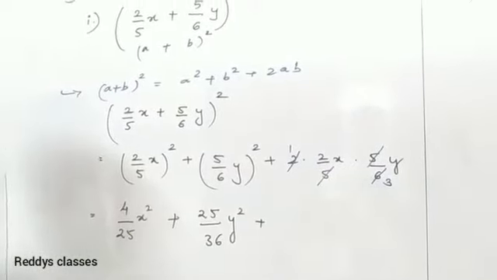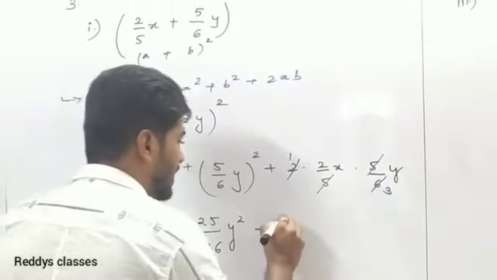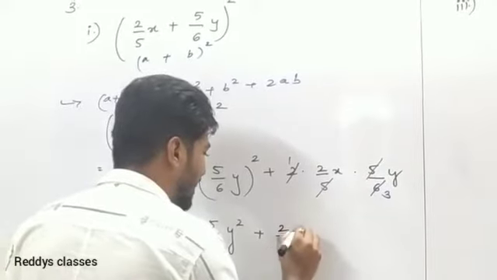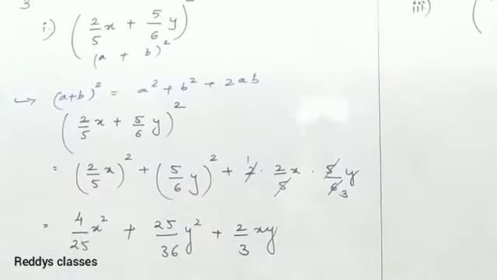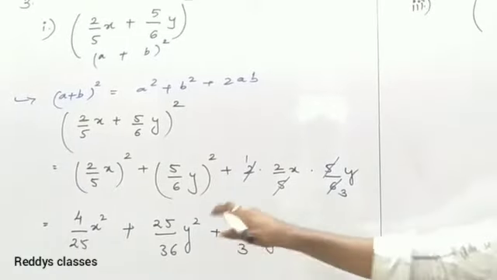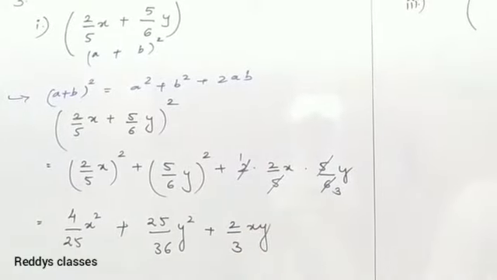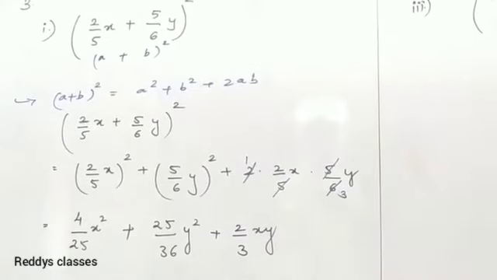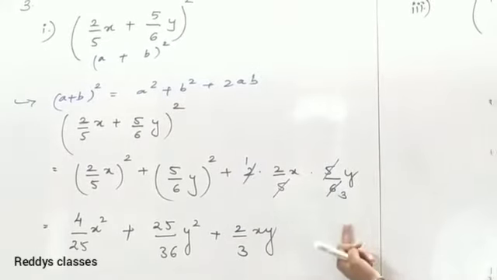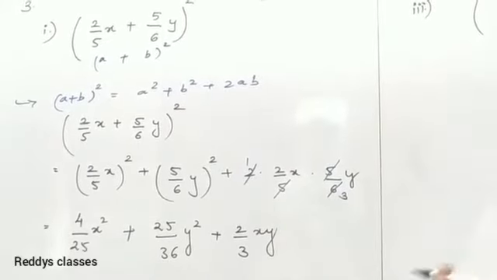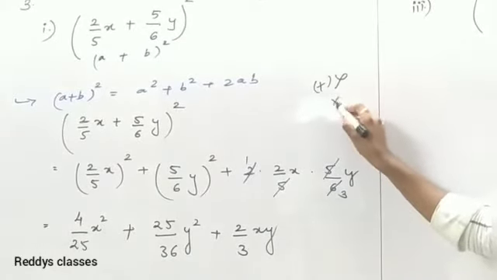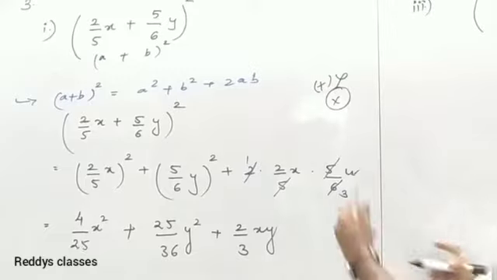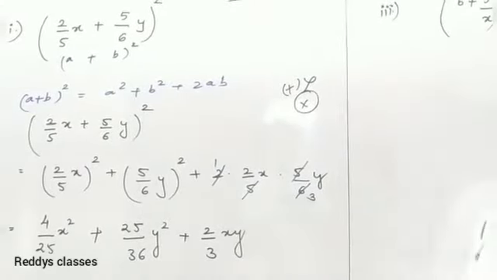Okay, I can cut this part also. Now what is the left part? 2/3 xy. I have the answer: 4/25 x square plus 25/36 y square plus 2/3 xy. The 5 got cut because it is multiplication; if it were addition it wouldn't.